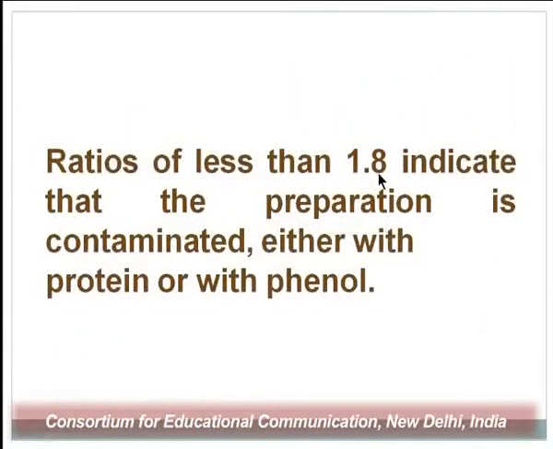If it is too high or too low, we need to go back and repeat the purification step, either by doing a chloroform extraction once, or by adding proteinase or RNase and incubating at ambient temperature, and then again precipitating the purified DNA and checking its purity by UV spectrophotometry.